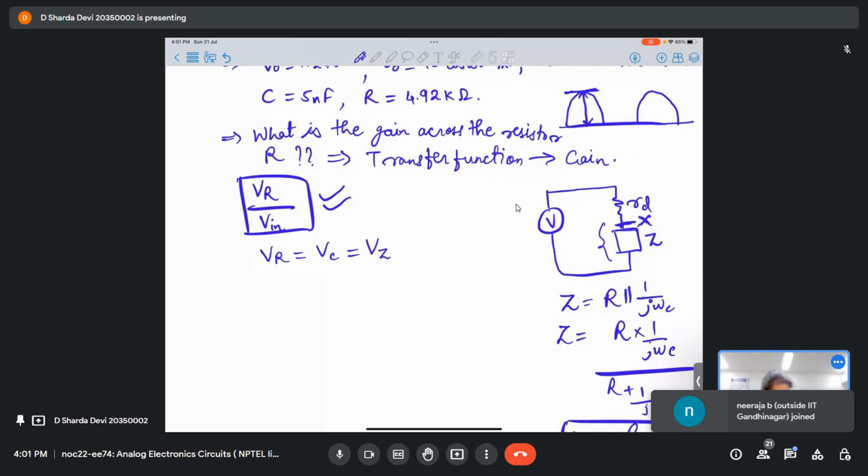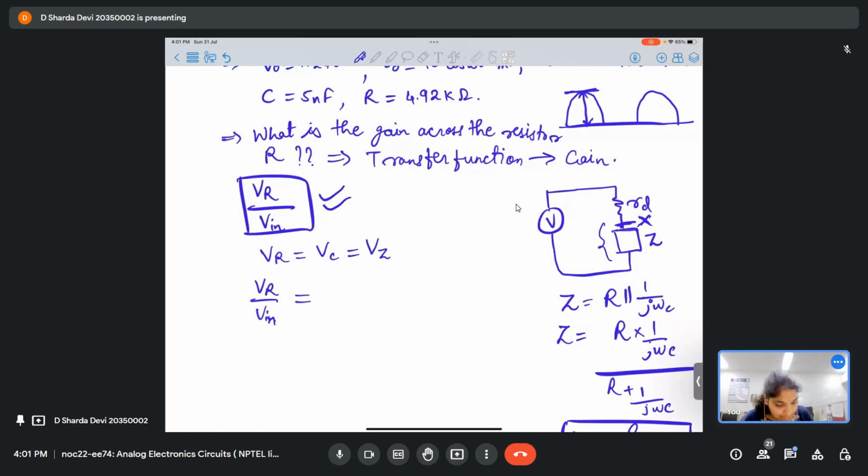So what will be VR by Vin? This is basically Z upon Rd plus Z, right?